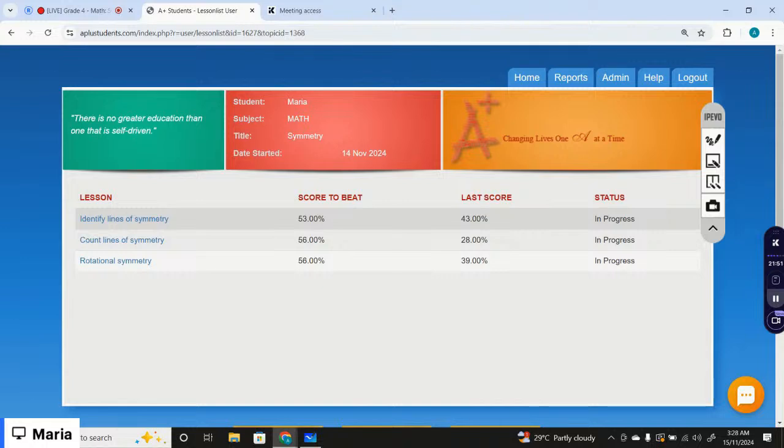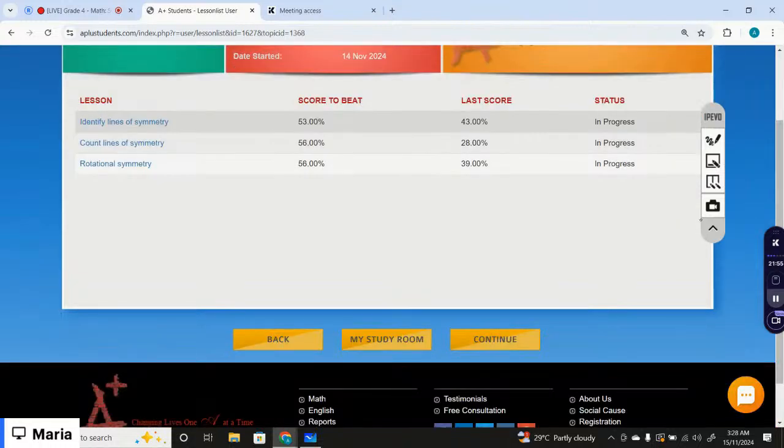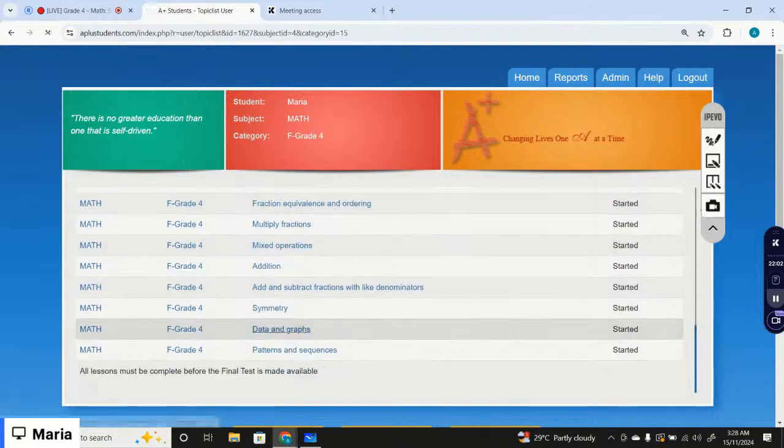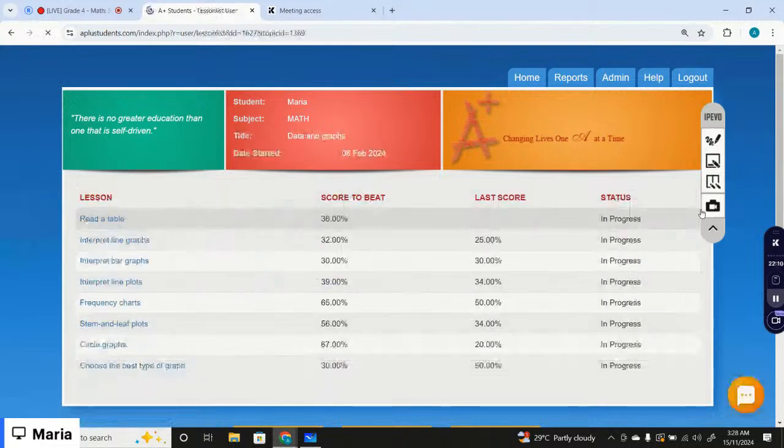The next chapter is, I think, data and graphs. Let's just start with the chapter that is data and graphs. Data table.